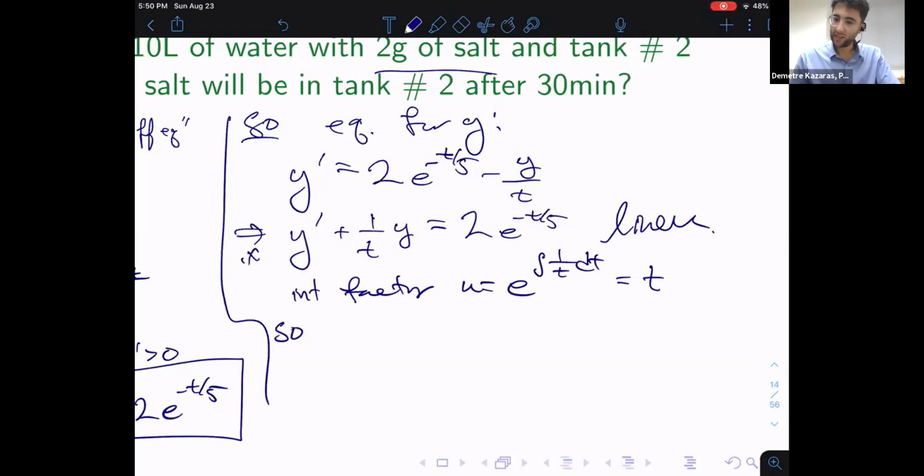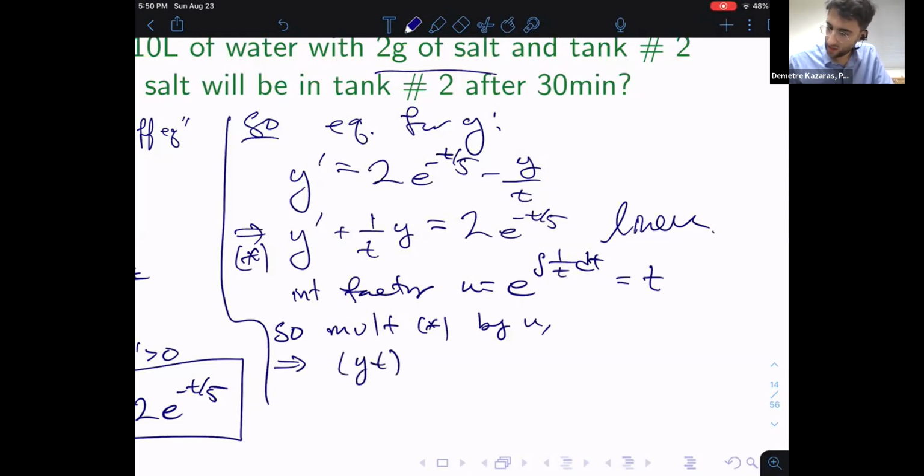So if we multiply equation star by u, the usual trick for linear equations happens. And what do we get? We get an equation where the left-hand side is now (y times t) prime, and the right-hand side is 2t e to the minus t over 5.